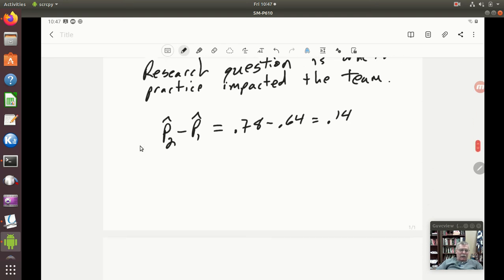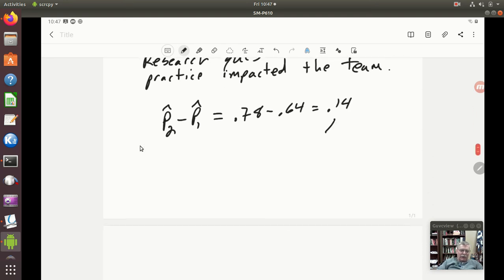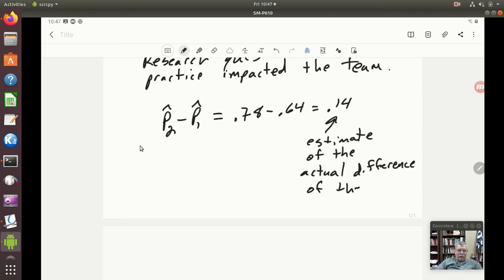And once again, the whole idea is this is an estimate of the actual difference of the population.